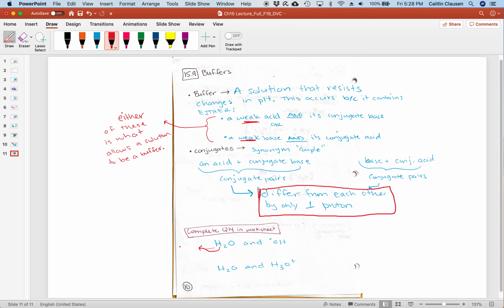So this was an acid. It donated a proton. And this is its conjugate base. Here, this is water. One of water's unique properties. There's a few other molecules that can do this. Water can act, as we've seen, as both an acid and a base. Here, water accepted a proton to become an acid.